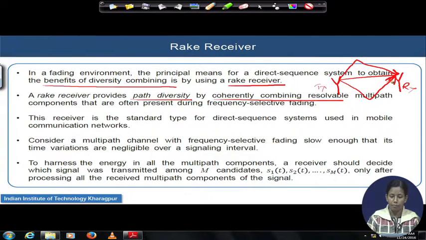This happens over frequency selective fading, and the Rake receiver architecture is capable of doing this.